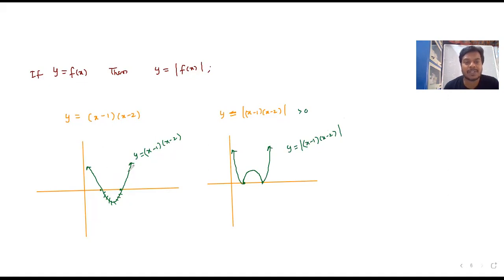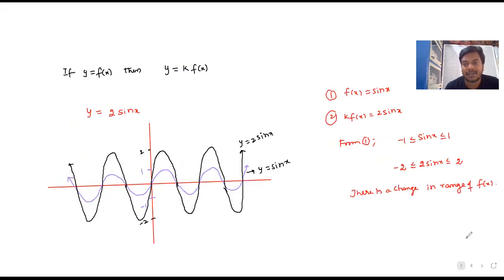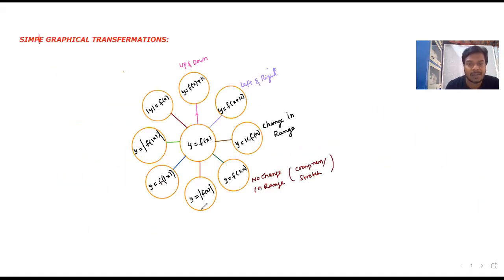Since the y value is positive, we have to neglect the negative quantity and change it into positive like this. Here I am writing: neglect negative portion, make it positive portion. That's all. This is about the graph of y equal to mod f of x.